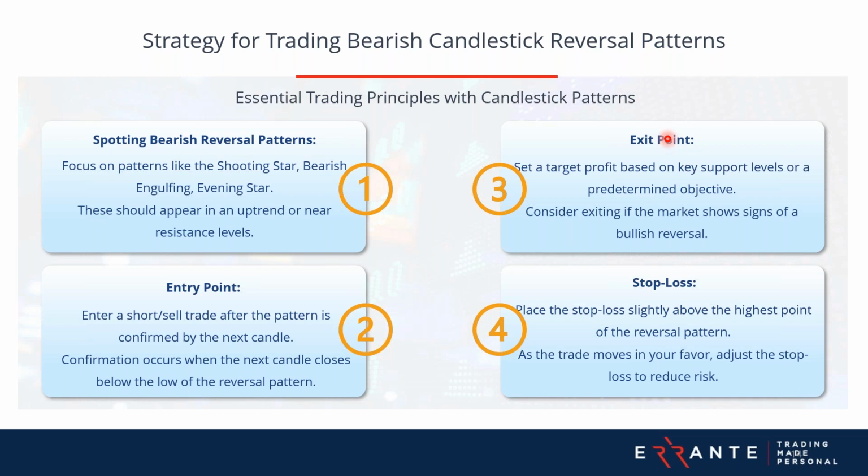And then we need to plan our exit point as well, based on the context that we are trading in, because if it's too risky, I suggest taking less profit and exiting the market. It's better to get out of the market fluctuations. So as well as your exit point, you need a proper protective stop loss, which usually comes above the highest point of the reversal pattern.